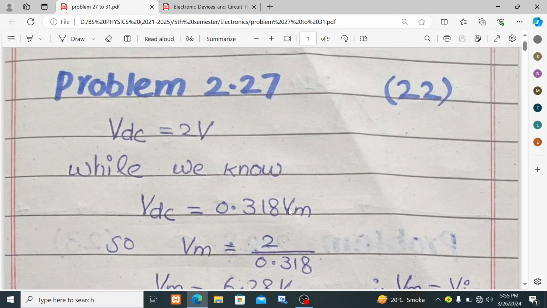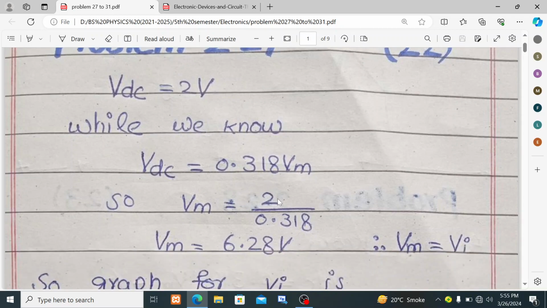Here Vm is the maximum voltage. So Vm is equal to 2 by 0.318. So here Vm becomes 6.28 volt, while Vm is equivalent to Vi.